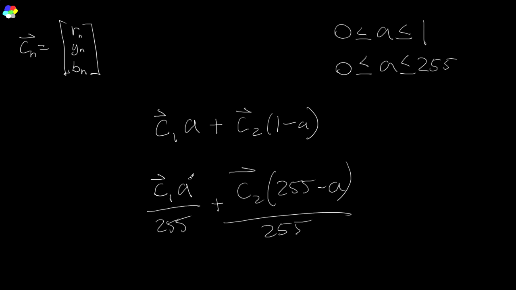And this works because, of course, we're multiplying C1 by the fraction of alpha over 255. And that fraction converted to decimal will be a fraction between 0 and 1. Of course, you have to be mindful that the order of operation has to be multiply and then divide, because if you divide first and multiply, you're going to get all messed up.